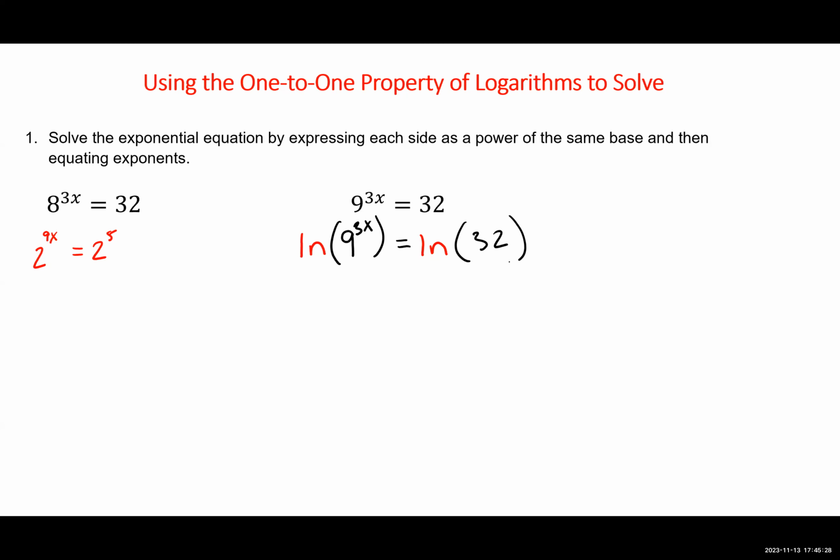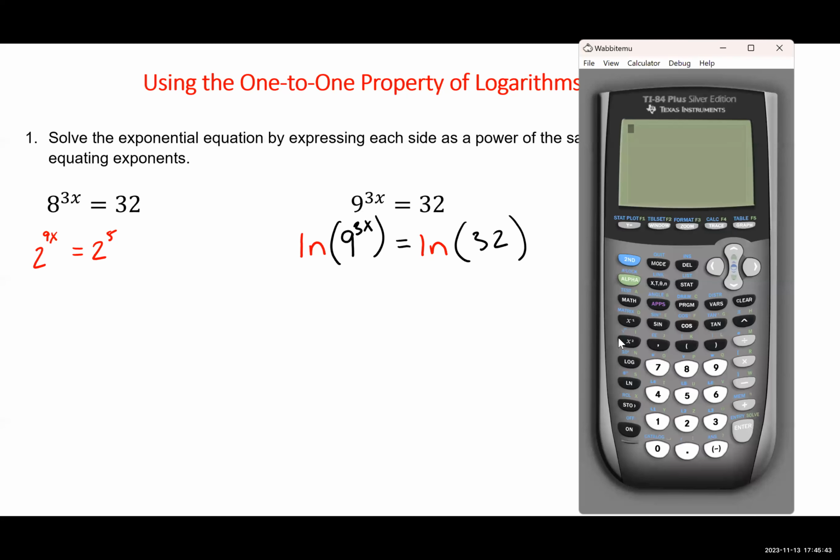Now, when I say log, I use natural log. I always use natural log. You could use common log, either one. You could use any log you want. You could take the log base 6 of both sides, but that's not really helpful because on the calculator, you've got these two buttons. You've got one button for the log base 10.